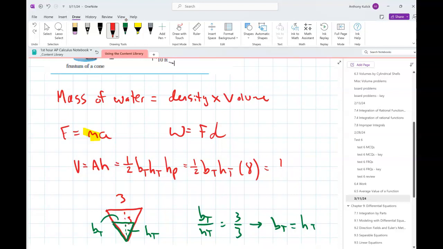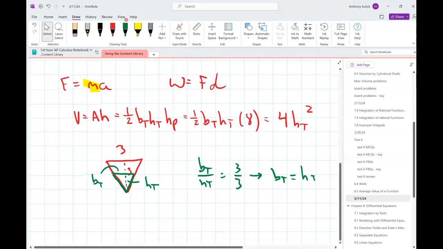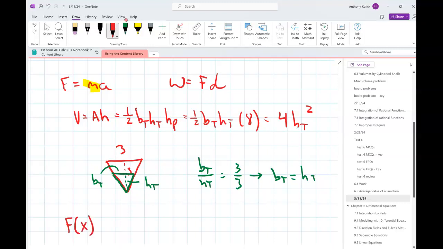Let's write it this way. So the force, in terms of, I'm just going to call that X. Actually, I'm not sure I want to do that yet.